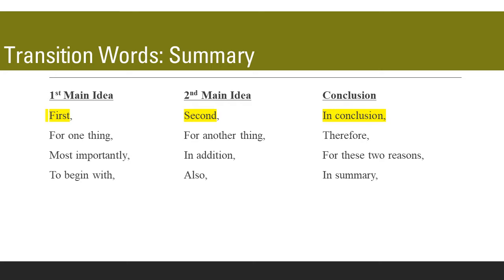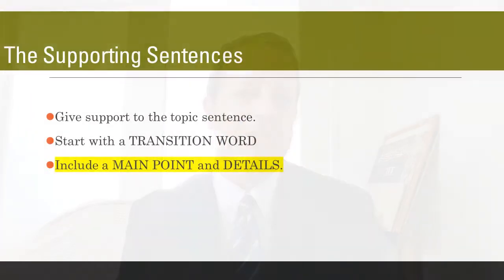But if you don't like these, you could choose something else. This is all a review of last time, and if you want to, you can go back and check out the last video in which I explain how to use the transition words and show some examples of how to do that.